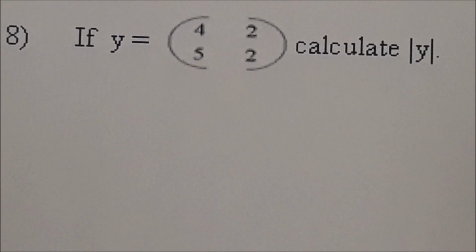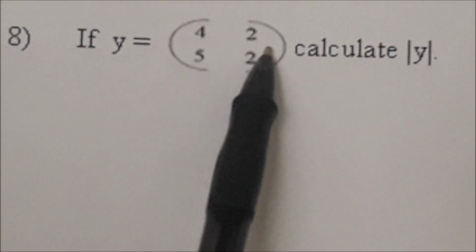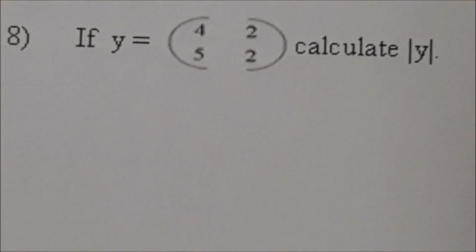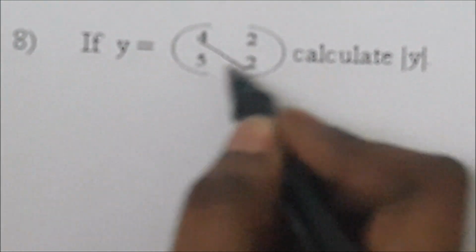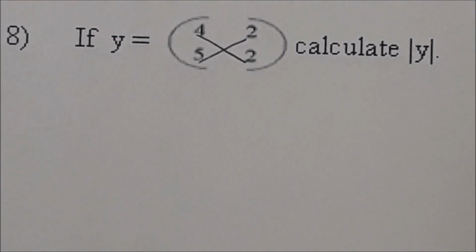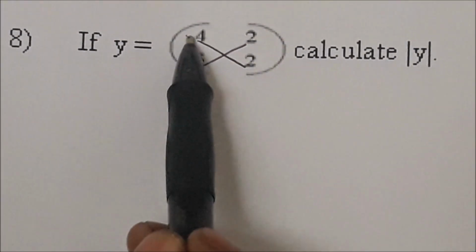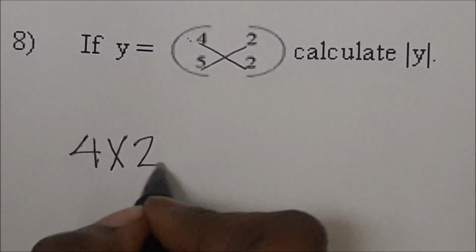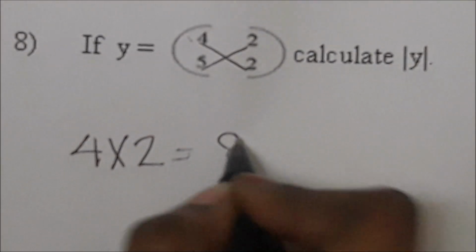If y equals the matrix 4, 2, 5, 2, calculate the determinant of matrix y. Very good. You're calculating the determinant. So the y with the symbol like that means the determinant. Go ahead, Precious. How would we calculate the determinant of matrix y? We start by drawing an x. Very good. We will start with 4 times 2, which equals 8.